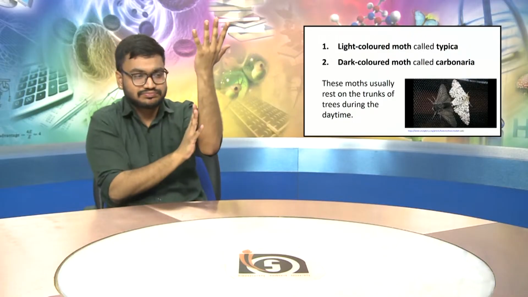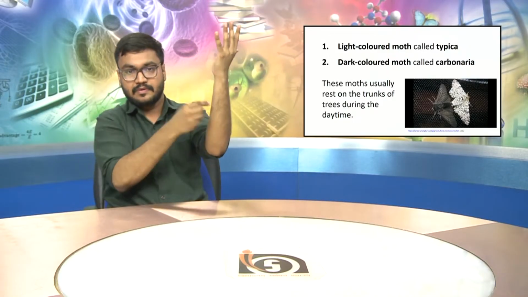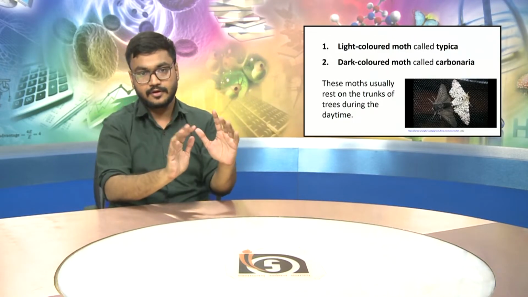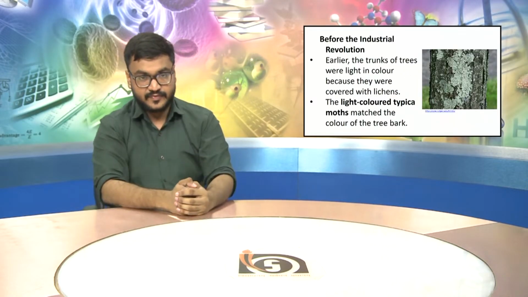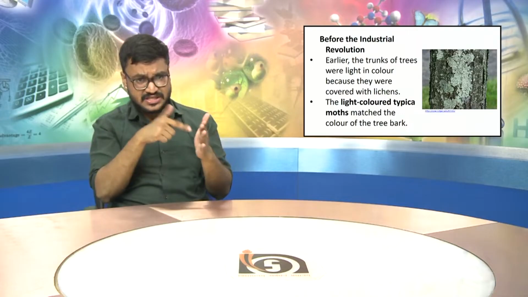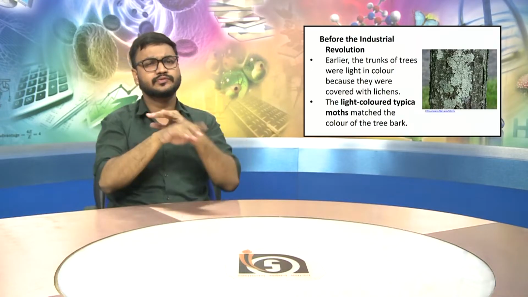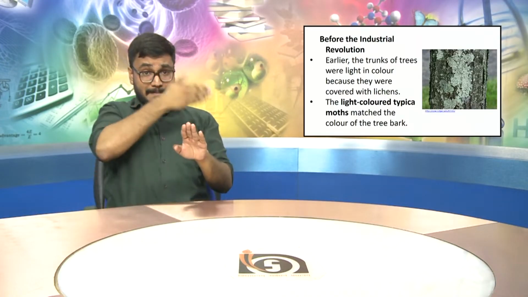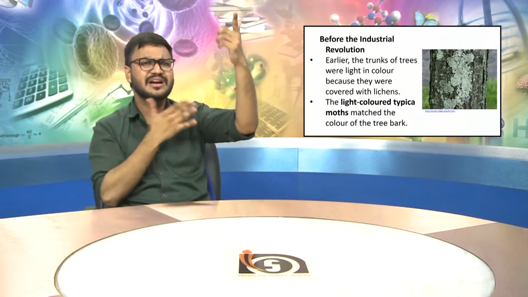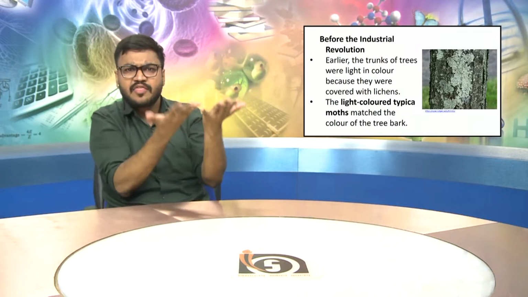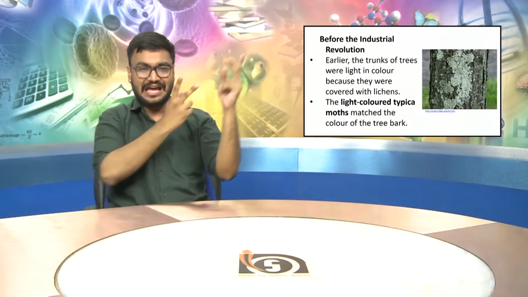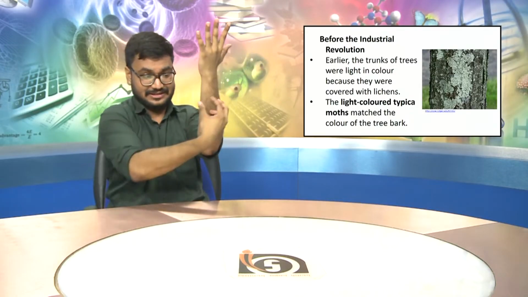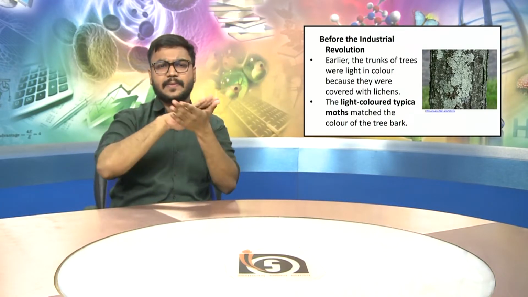These moths usually rest on the trunk of trees during the daytime. Before the Industrial Revolution, the trunks of trees were light in color because they were covered with lichens.